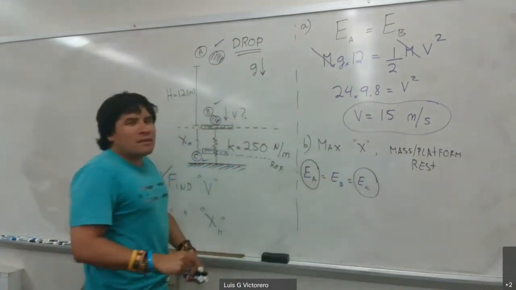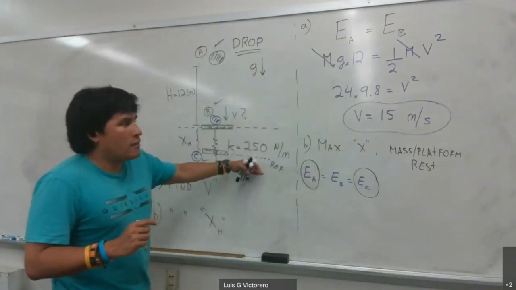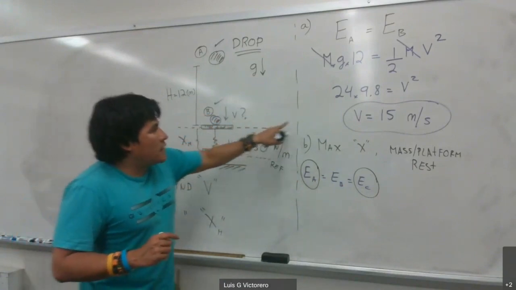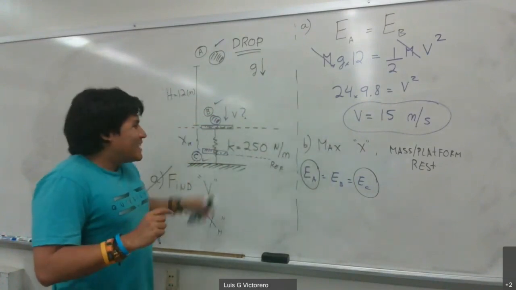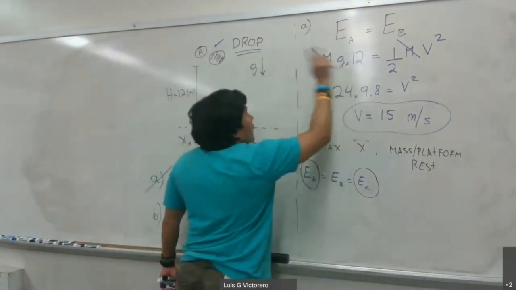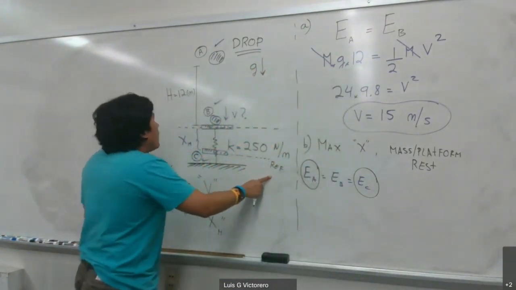Don't use the intermediate step much because since we changed the reference, the energy at B won't just be kinetic. You will include some potential due to X. So let's just use the initial, which is this. But now my reference point is this.